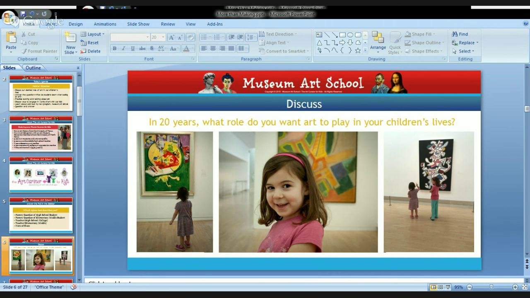Any other thoughts on this question? Good, to appreciate art from around the world and to be confident artists. That's good. Culture and beauty and just to love it.